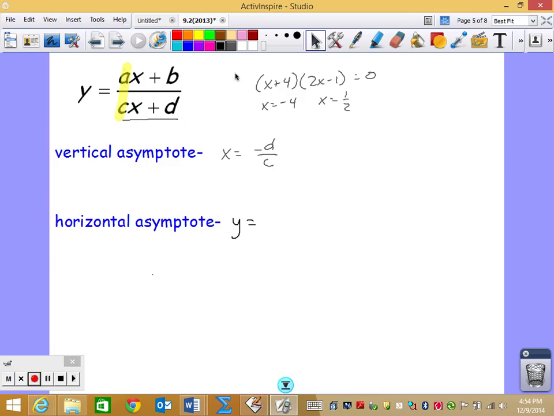I don't know why that keeps popping up, but okay, y equals a divided by c. Again, vertical asymptote, set the denominator equal to 0 and solve, so it's just like you did when we were factoring in the last chapters. Horizontal asymptote, ratio of the coefficients.